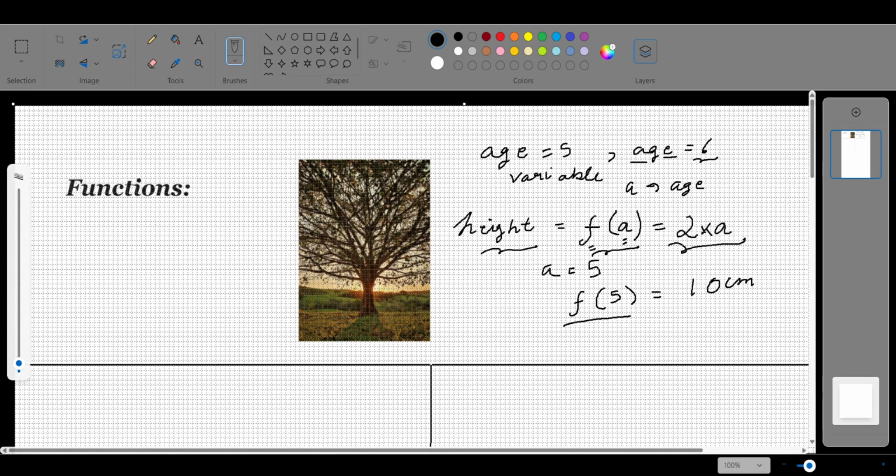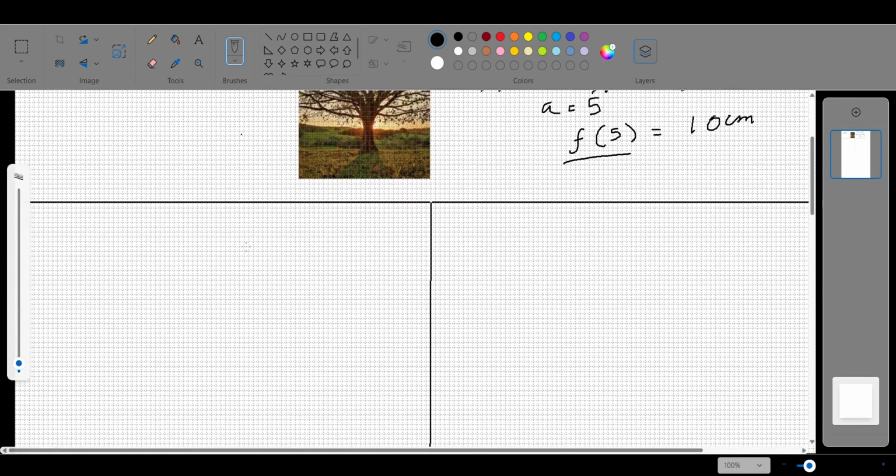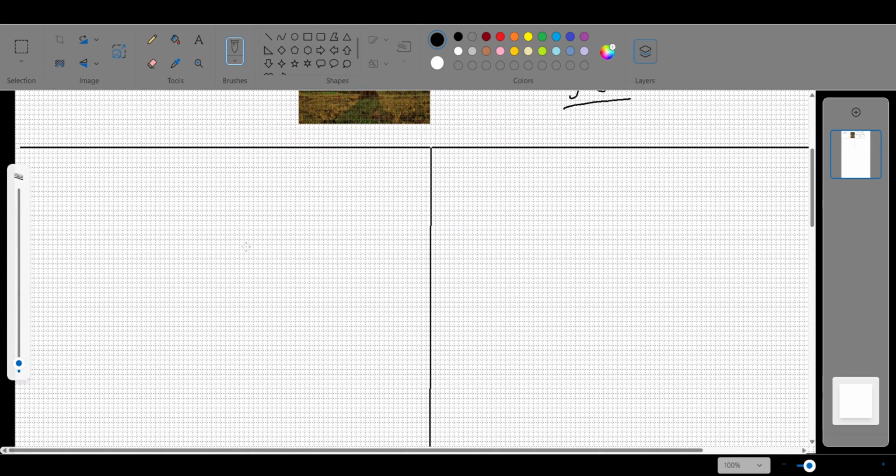Now let's have a look at more regular examples. Let's have a look at speed. We know that speed is equal to distance by time. So let's represent speed as a function called s. And s is dependent on both distance and time. Let distance be represented by d and time be represented as t.